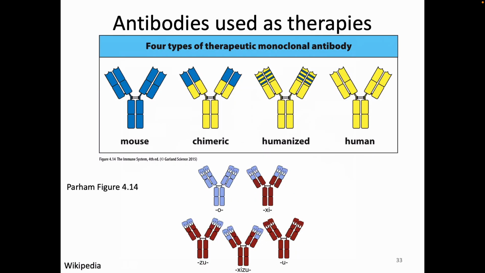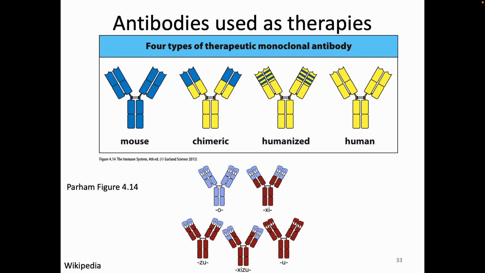One other piece of this I want to point out is that when we use antibodies as therapies, we are actually using antibodies that have had a fair amount of work done to them, and are generally either humanized or fully human antibodies.